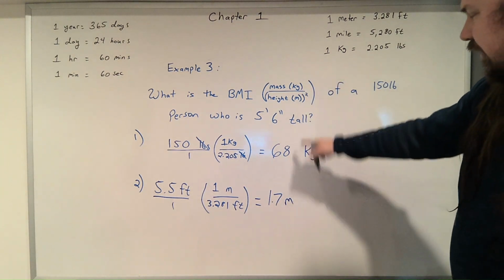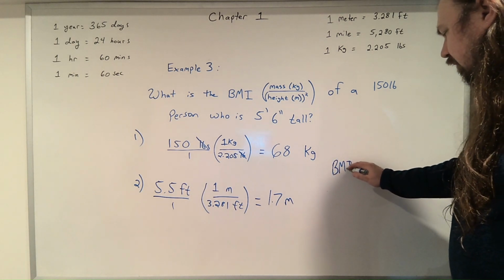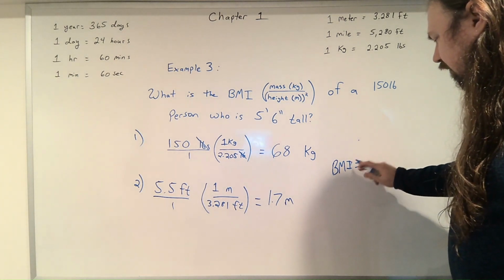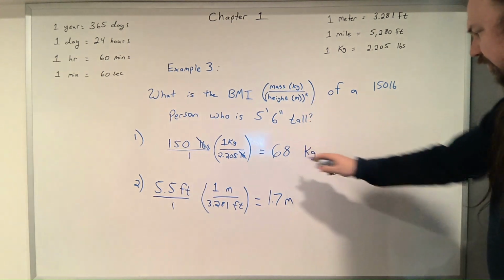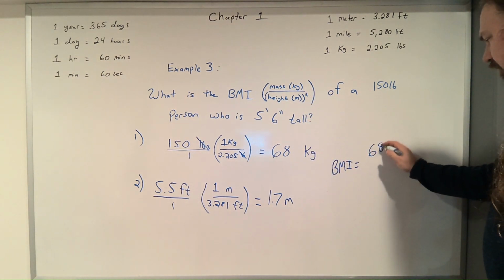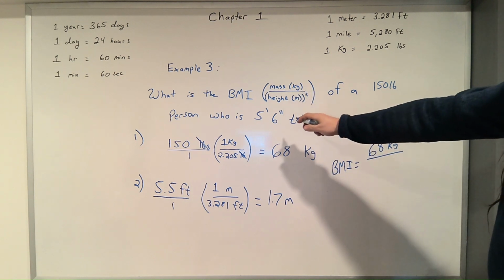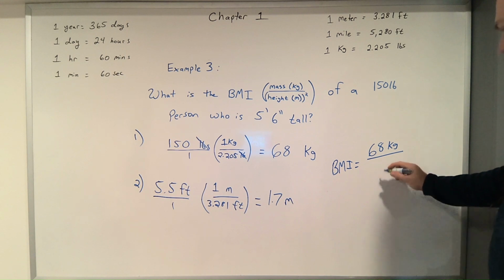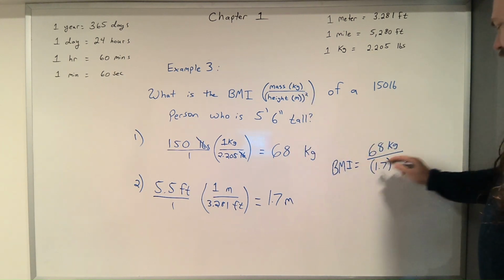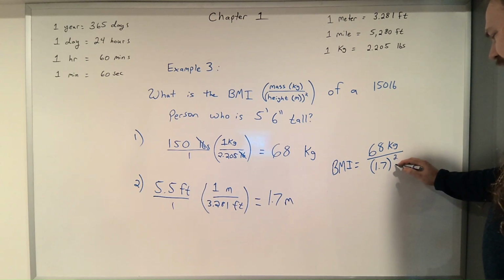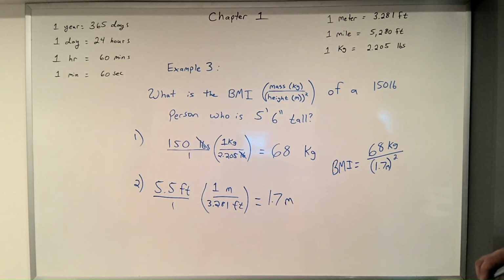Now, the question was asking for the BMI. So what's the BMI equal to? Well, the BMI is equal to the mass in kilograms. So we'll have 68, and we're going to divide it by the height. The height was 5'6". We converted it to 1.7 meters. And this is where everybody gets messed up. We have to make sure that that is squared. Okay, 1.7 meters squared.